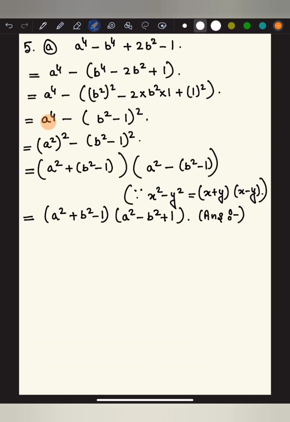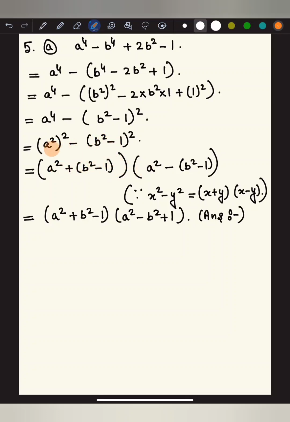So this comes up to be a to the power 4 minus (b squared minus 1) whole squared, which becomes, this a to the power 4 can be written as (a squared) whole squared minus (b squared minus 1) whole squared. This means x squared minus y squared. The formula for this is (x plus y) into (x minus y). Got it? So here x is a squared, y means b squared minus 1.